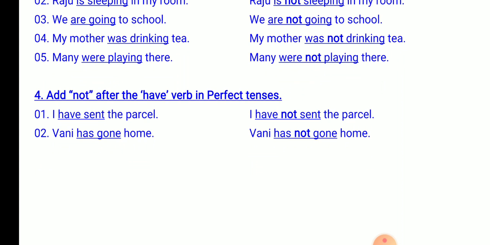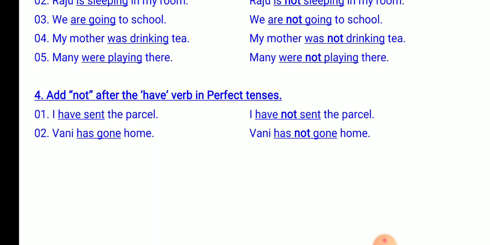I have sent the parcel. There are two verbs in this sentence, have and sent. Add not after the first verb have and the sentence becomes I have not sent the parcel.